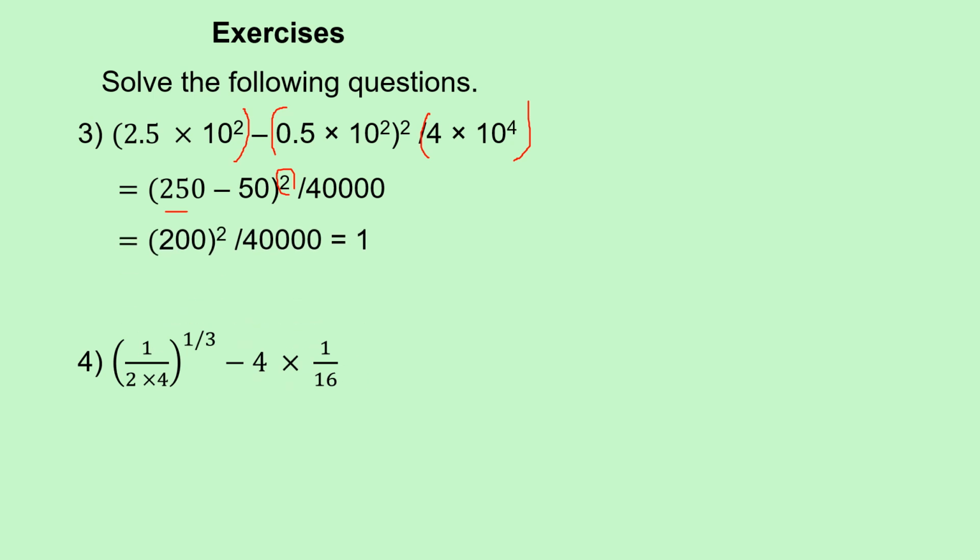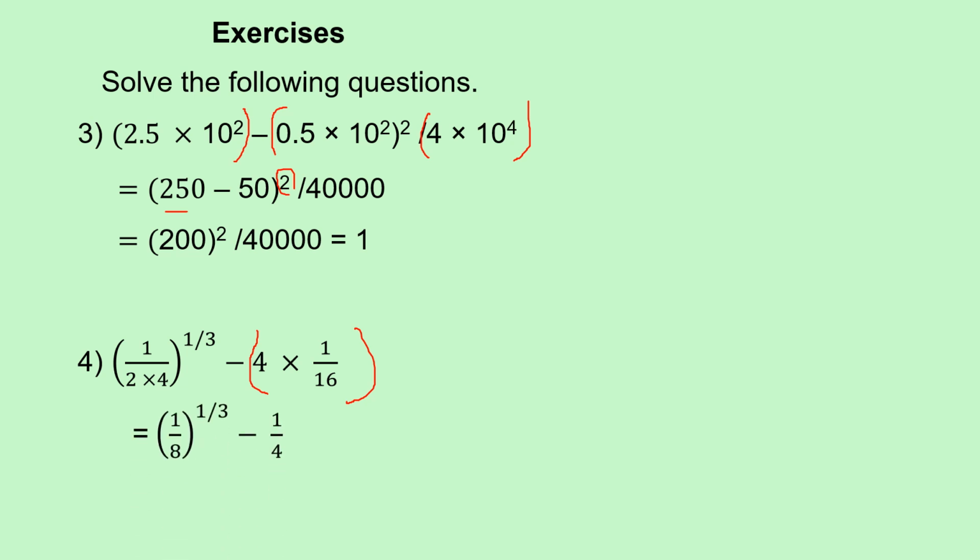Okay, how about the last one? In this case also we can make a bracket like this. It's easier. Be careful, this one is 1 over 2 times 4 with the power of 1 over 3. That means this one shows the cube root.